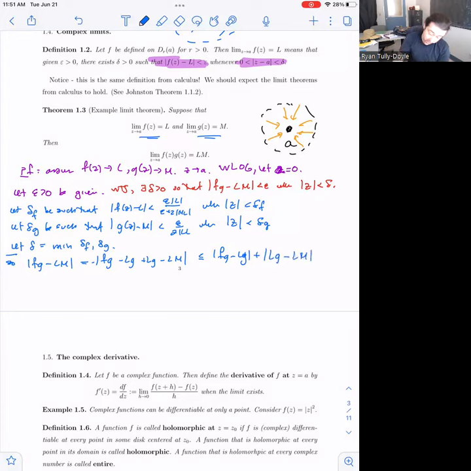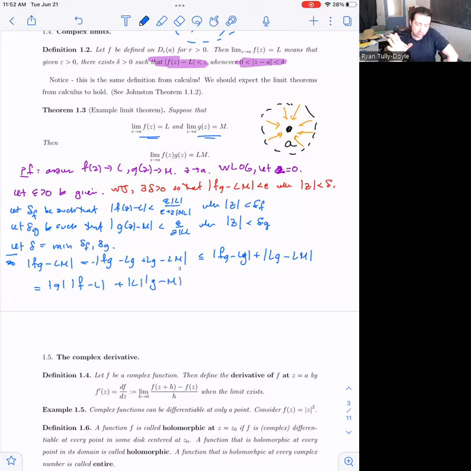Standard sort of thing. Now, this is giving me pieces I can factor. So this is equal to, oh, there's a g contained in the first guy, and then we have |f − l|. In the second one, I have a modulus of l times |g − m|.